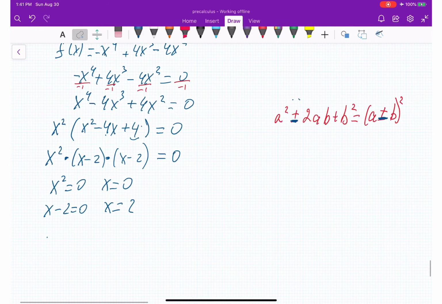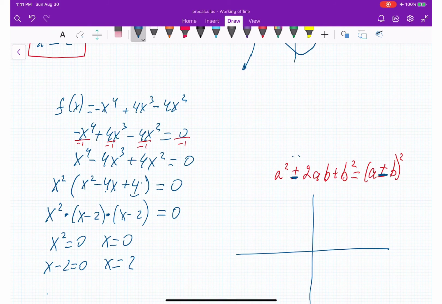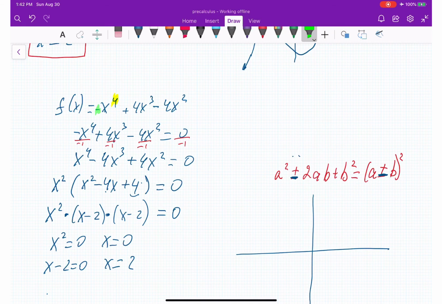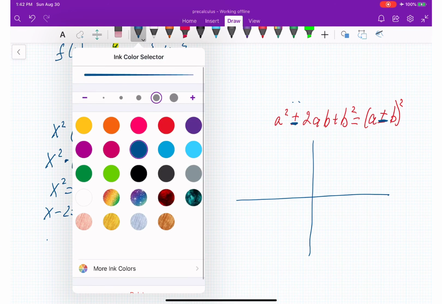All right, for this one, the highest degree of x is 4, right? Which means both ends are going to go either up or down. Since we have a negative here, that means it's going to go down. It's negative 1. So both ends are going to go down.